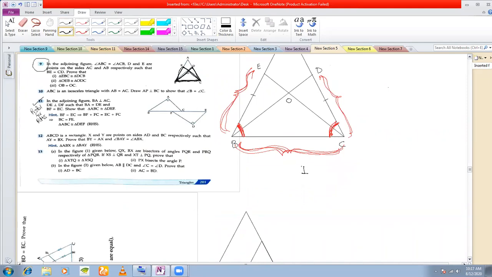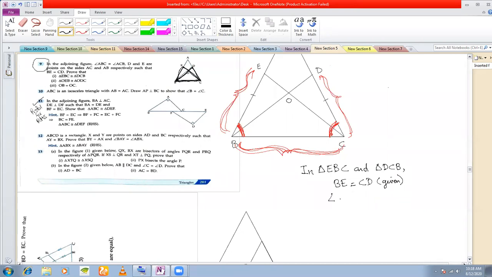In triangle EBC and triangle DCB, EC is equal to BE is equal to CD. This is given to you. Okay.